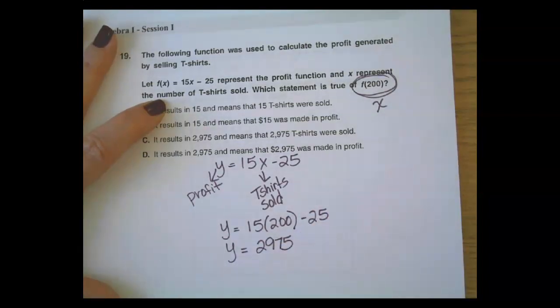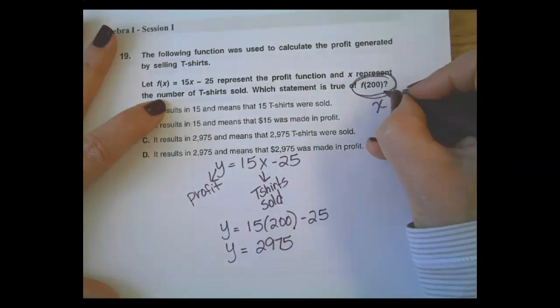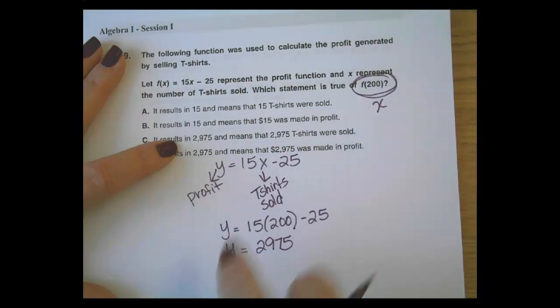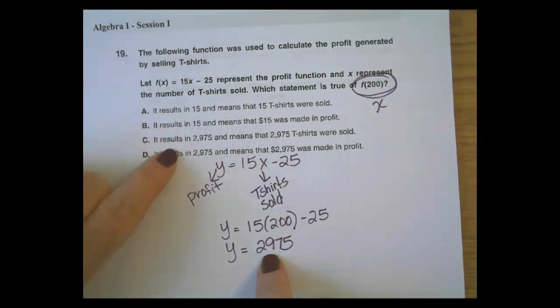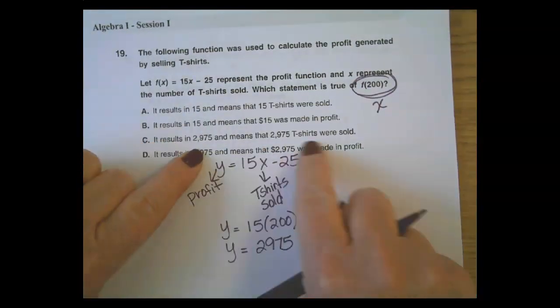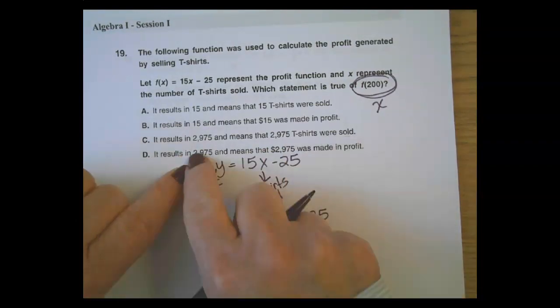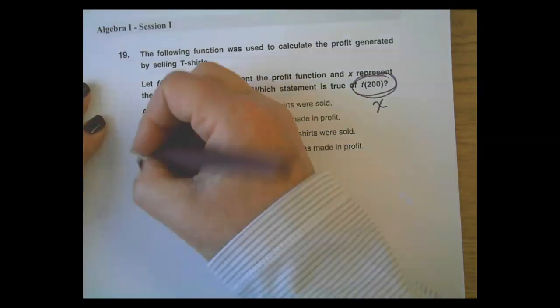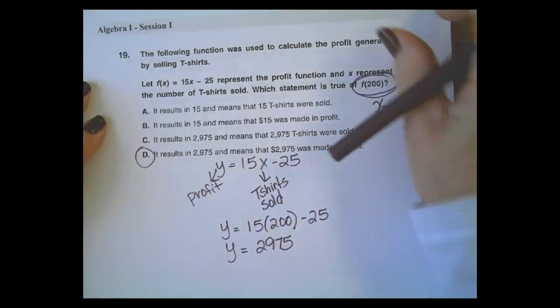Remember, 200 is shirts sold. So which one has that? Any of them? No. 29.75 means that's not the number of shirts sold. This amount is what the profit was. Our Y was the profit. So it's D.